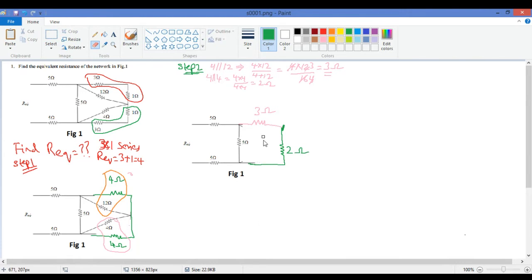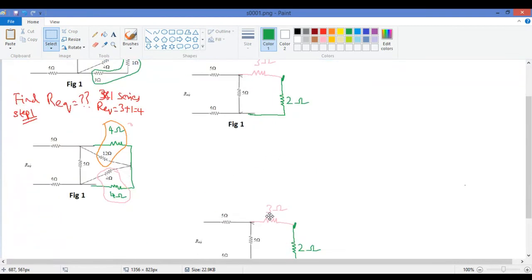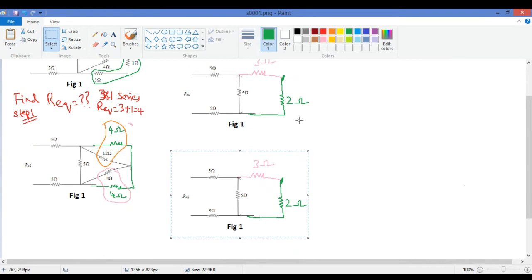Yeah. Now you see 3 and 2, again they are in series. Okay, so I just take them, Control C, Control V. Yeah, this is step 3.